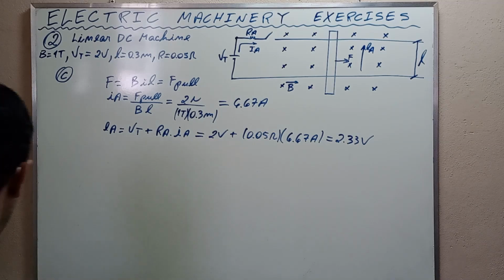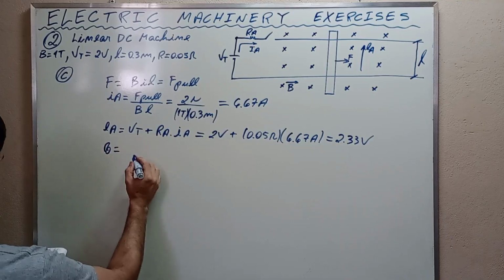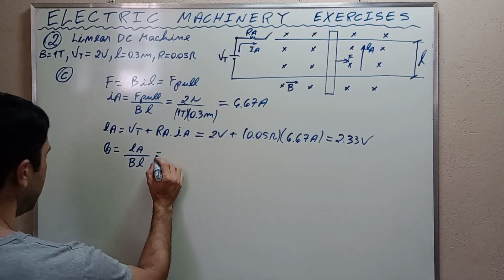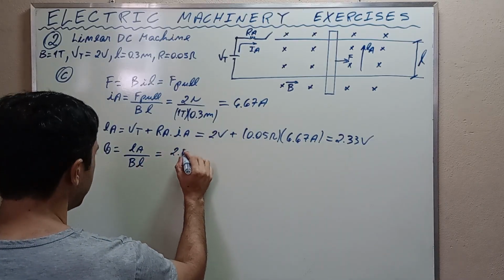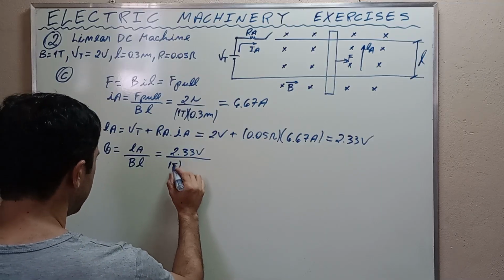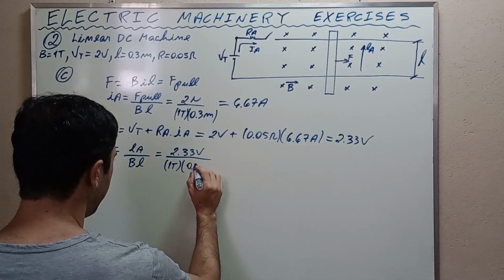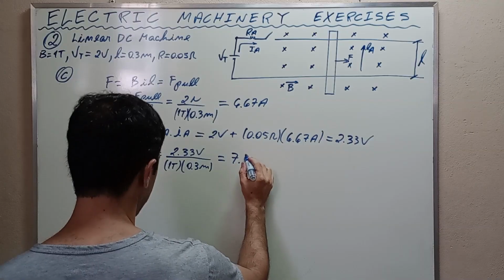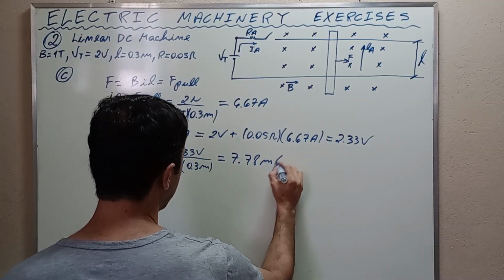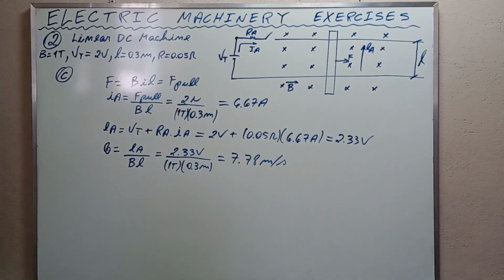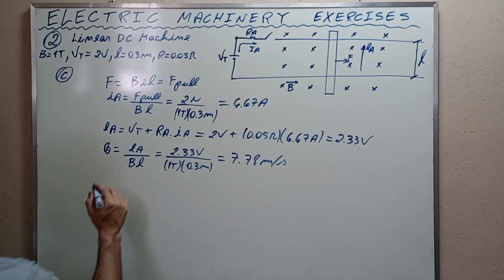The steady state speed is going to be EA divided by B times L, and this is equal to 2.33 volts divided by 1 Tesla times 0.3 meters, and this is equal to 7.78 meters per second.